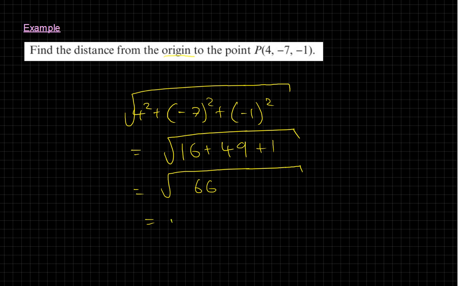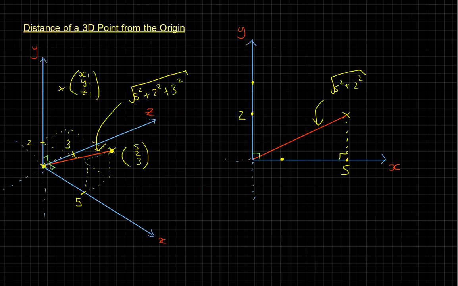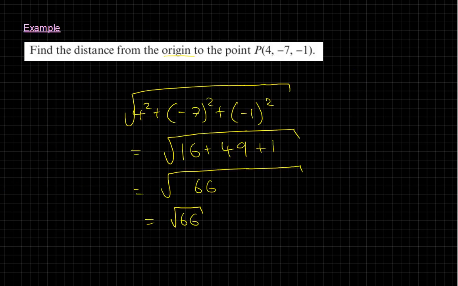I don't think we can make that any simpler, really. Root 66. Okay, so that's the distance of that point from the origin. That's that red line, effectively. This red diagonal line from the origin to that point.